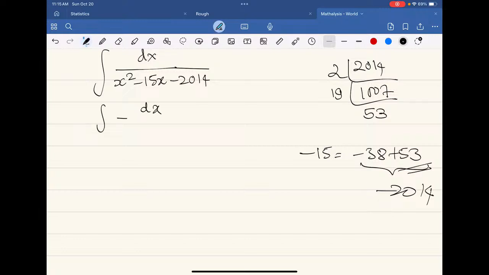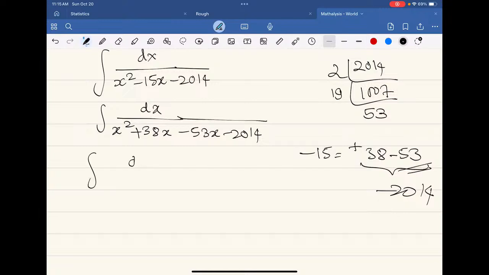Now dx divided by x squared minus 38x. Sorry, this should have been plus 38x and then minus 53x minus 2014, right?